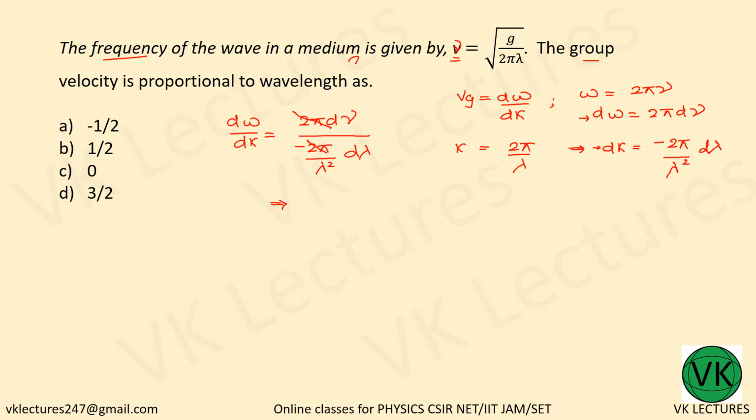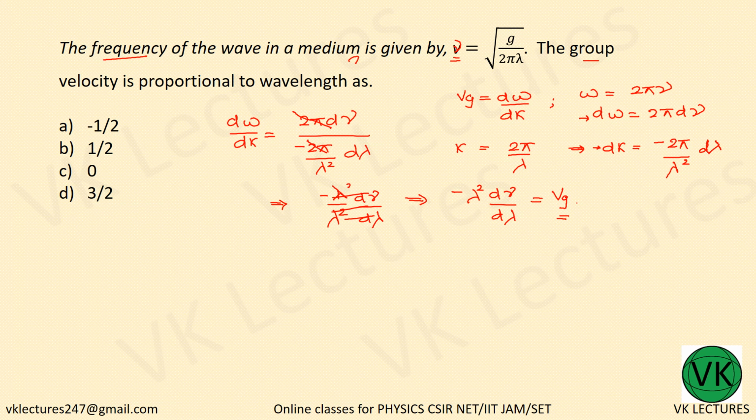So minus 1 divided by 1 by lambda square d nu by d lambda. Wait, this lambda will come here. This we have done in our first class, but still, minus lambda square d nu divided by d lambda, that's equal to Vg. This is another form of group velocity in terms of wavelength.